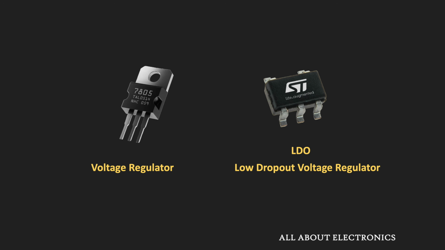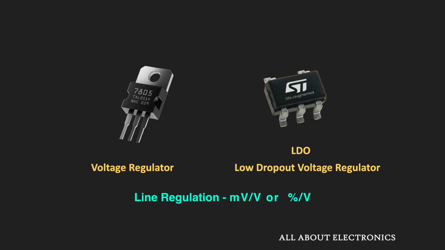But if you see the voltage regulators or the LDOs, that is the low dropout voltage regulators, for them, this line regulation is typically mentioned in the millivolt per volt or the percentage per volt. Because many of the voltage regulators and the LDOs are typically used in the low voltage applications.